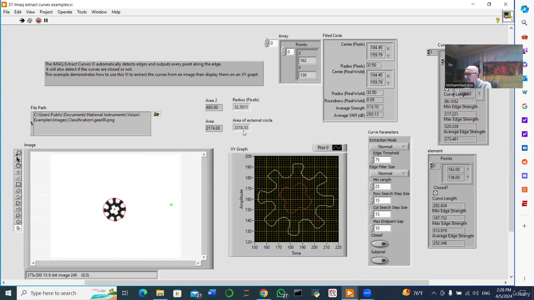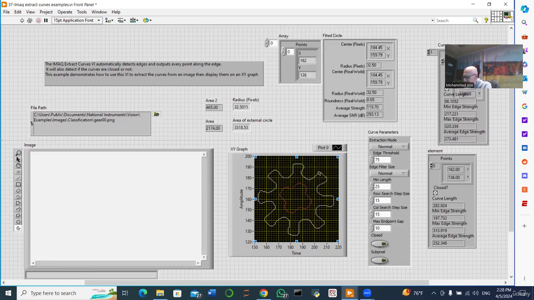Now it is 3,318 pixels. This is the circle enclosed by this perimeter I am showing you. Notice that this area is higher than the area, of course, enclosed within this wheel, because we are missing these parts of the circle.